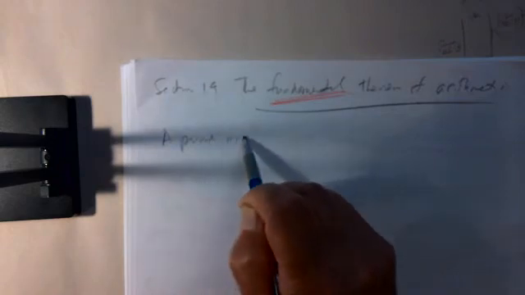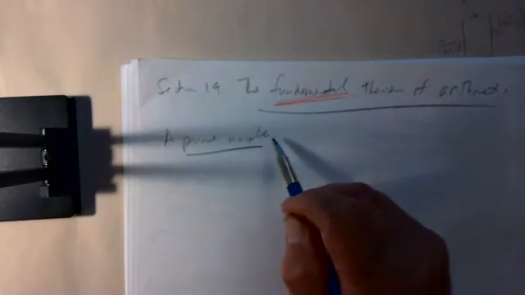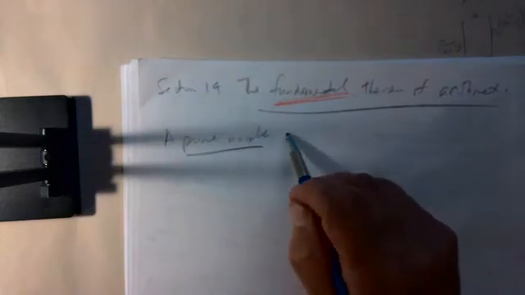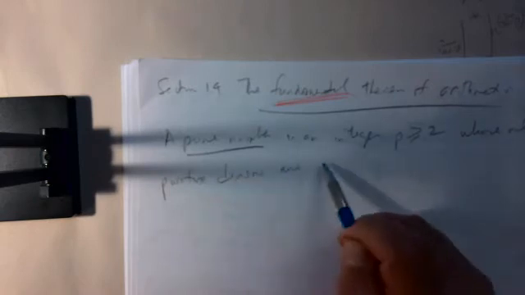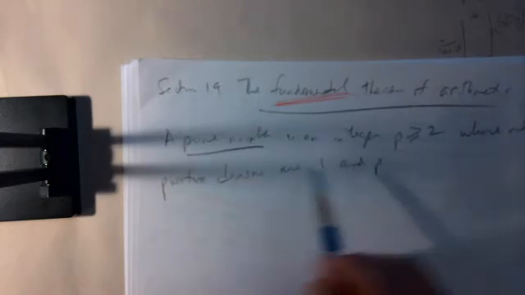So a prime number, which has been studied by mathematicians for thousands of years, is an integer p at least 2, right? An integer strictly greater than 1 whose only positive divisors are 1 and p.